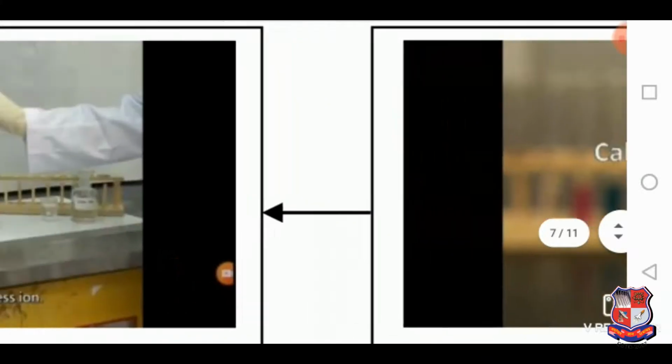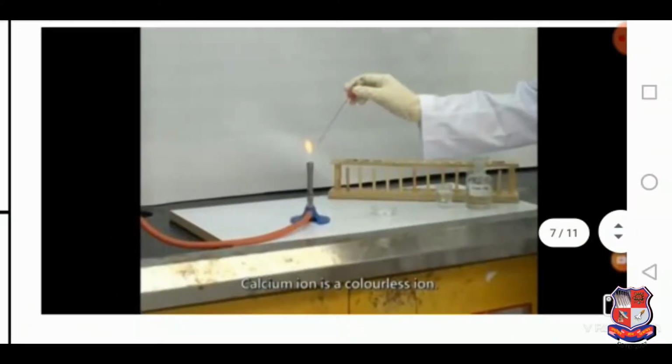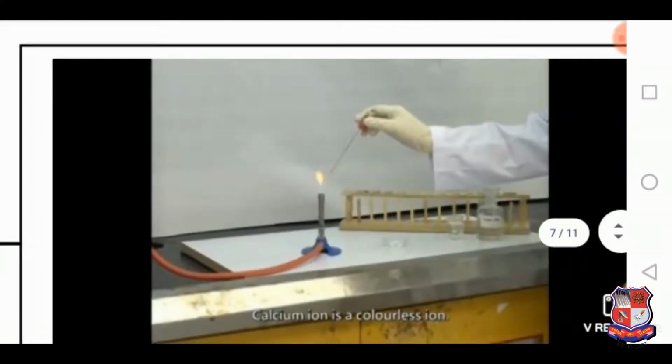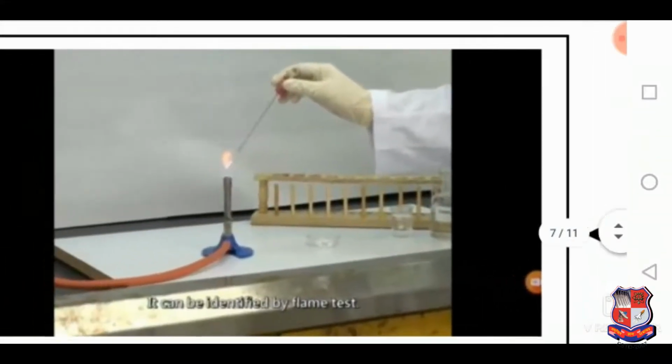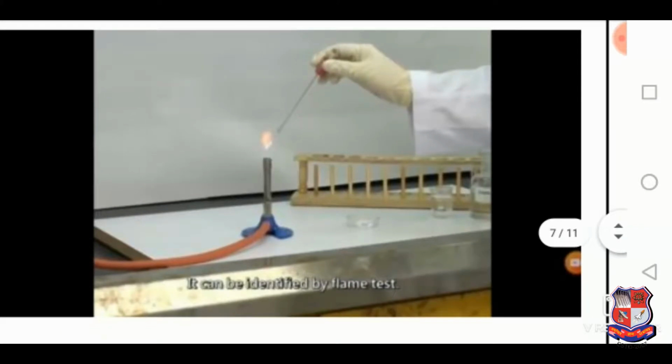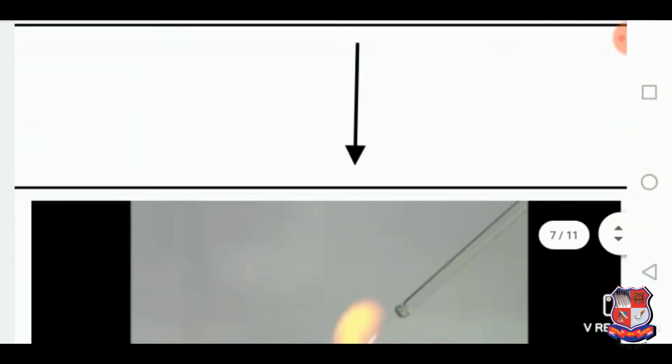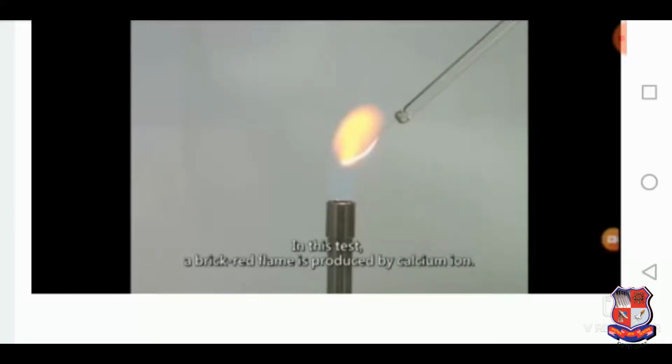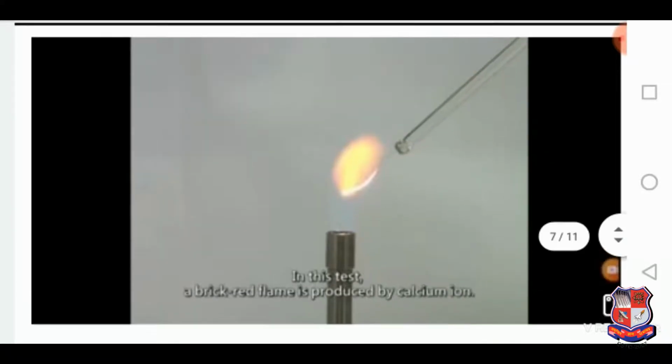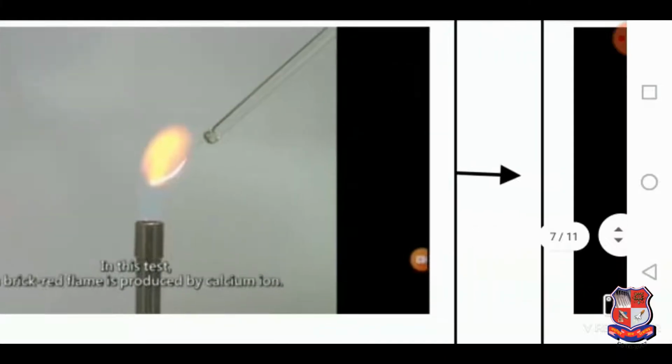Calcium ion. Calcium ion is a colorless ion, as we can see in the flame. It can be identified by flame test. In this test, a brick red flame is produced by calcium ion.